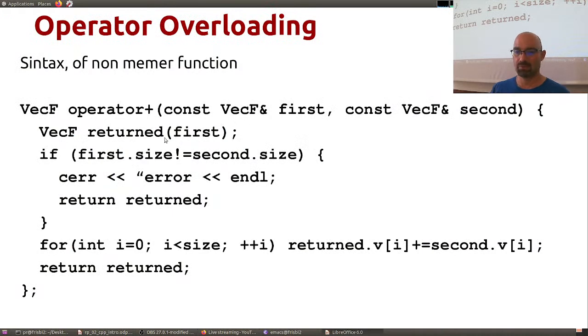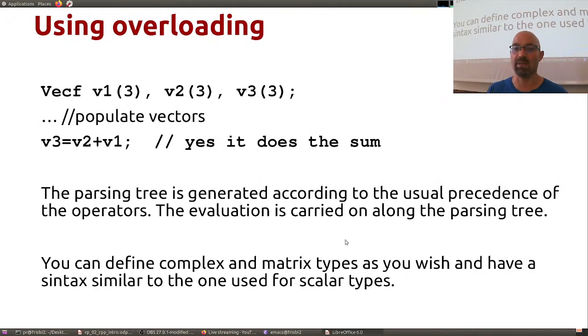Now you make a copy of the first, then the same check, and then the same for loop that sums the things into the return. And then you return the new object that you have populated. Clear? This was one way of redefining operators. So we could have fun writing expressions like that.